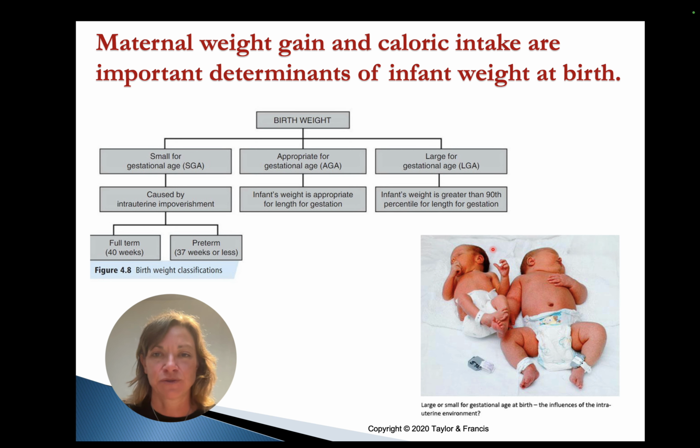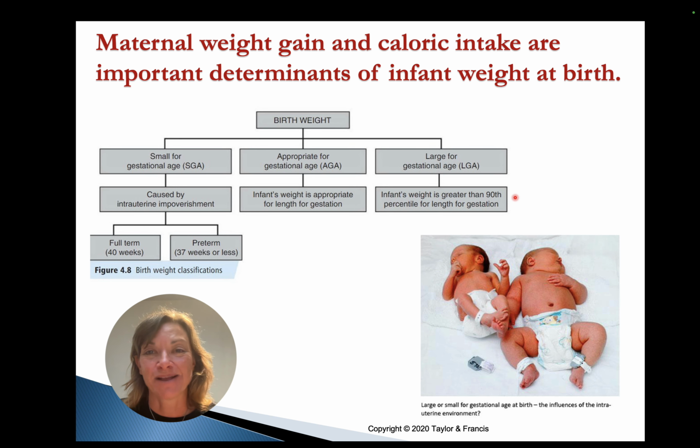Here's a baby on the left who's small for gestational age. Being small for gestational age carries a set of risks. It's caused by, or can be caused by, some form of intrauterine impoverishment. Baby has lower body fat, achieves less growth prior to birth, and can face some other risks.